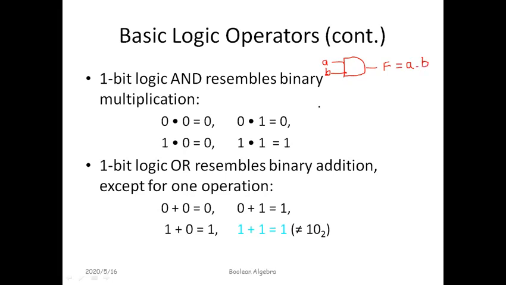Now that we have this symbol as well as the circuit in mind, let's look at the four basic operations that are connected to the AND. Let's consider the circuit that we looked at on the previous slide.